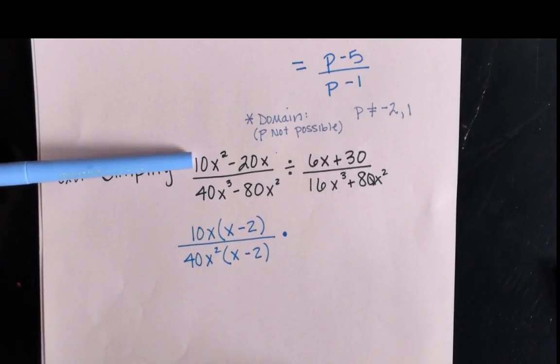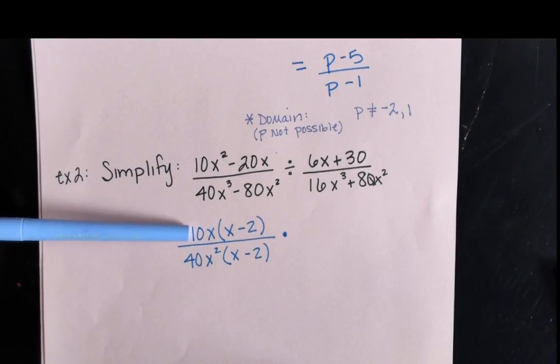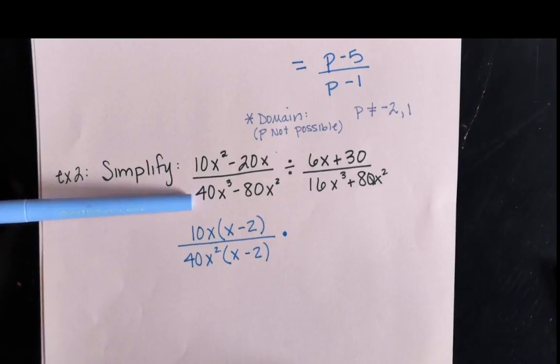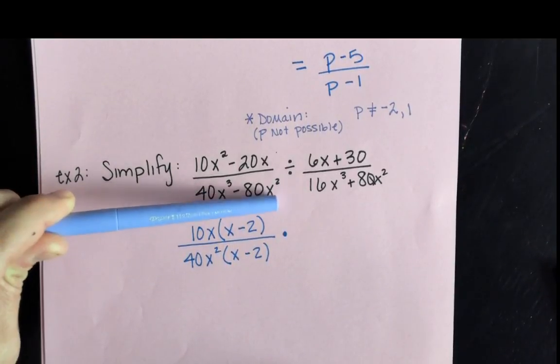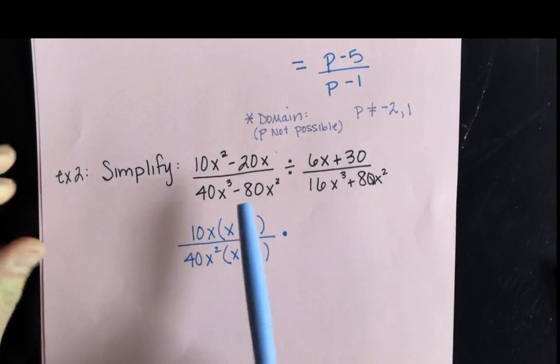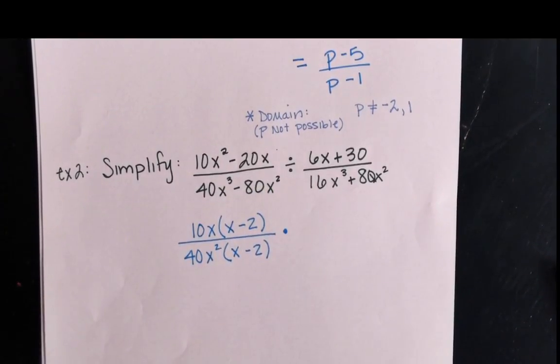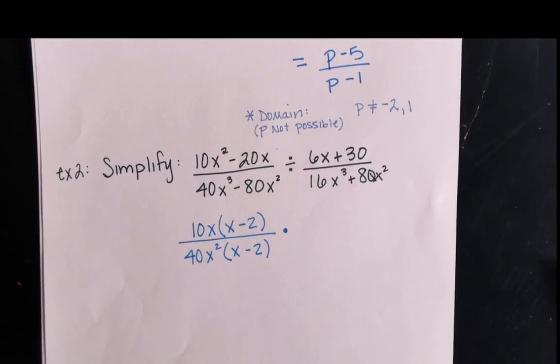So our 10x squared minus 20x is going to factor into 10x times x minus 2. Our denominator, we're going to factor out a 40 from each of those as well as an x squared. Pretty much a good trick is look to see what the biggest value is in the power, and then we'll also be left with x minus 2.